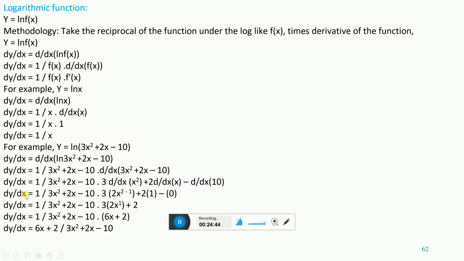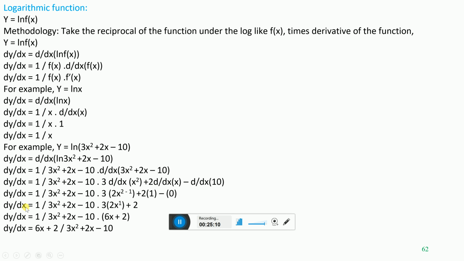So dy over dx is equal to 1 over 3x squared plus 2x minus 10. Now 3 is as it is, and for x raised to the power 2 we apply the power rule. We take the power down and subtract 1 from the power, 2 minus 1, plus the derivative of x with power 1 is always 1 and the derivative of the constant is 0.